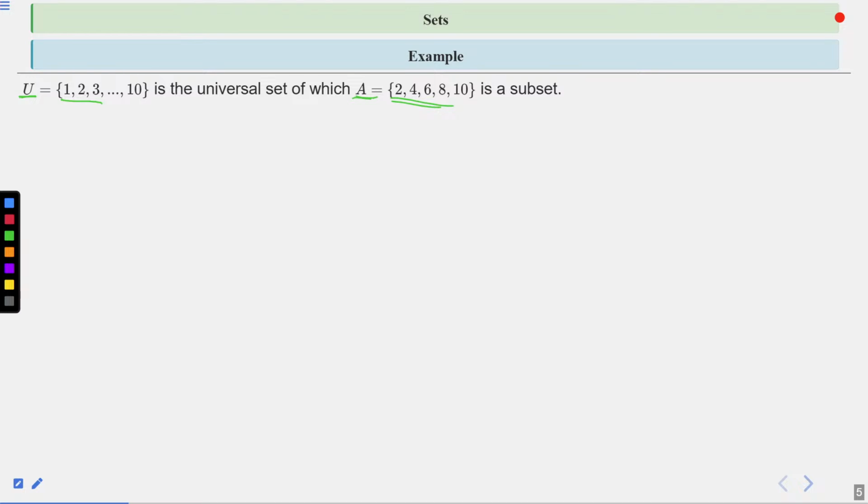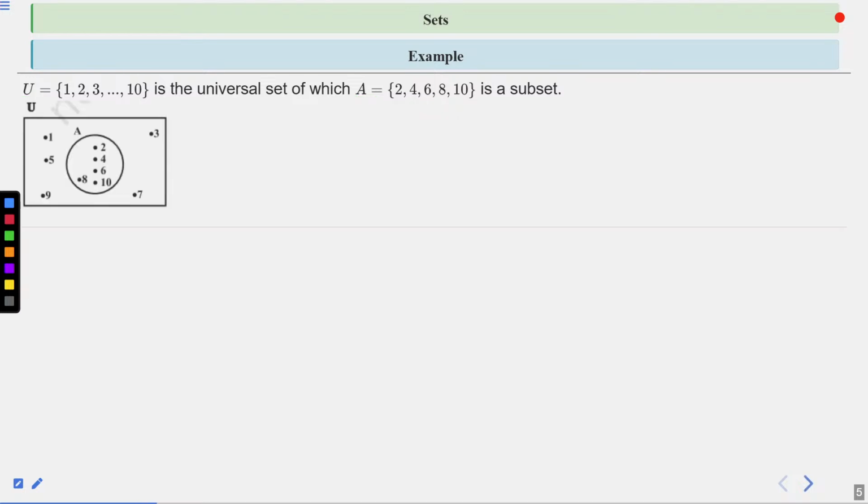Which is indeed a subset for this universal set. So this can be represented by Venn diagrams as universal set represented by a rectangle, and inside it we are having this circle denoting subset A, which enclosed some elements including 2, 4, 6, 8, 10.